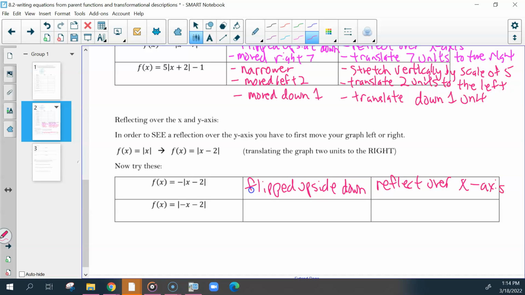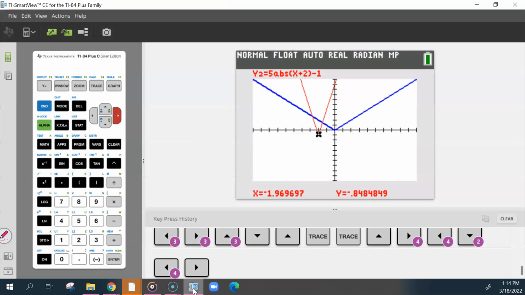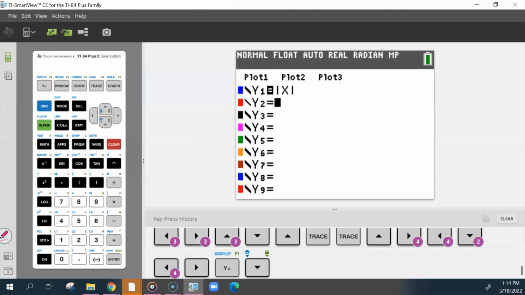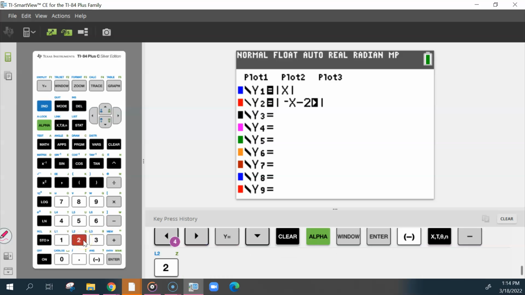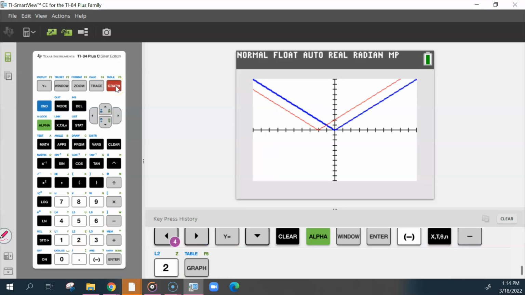But if I put in this bottom one, absolute value of negative x minus 2, and I graph it, it kind of throws you off a bit because it said minus, but it's still to the left.